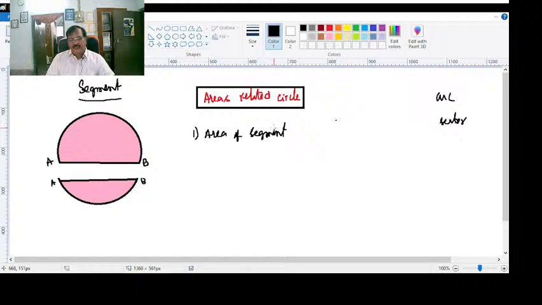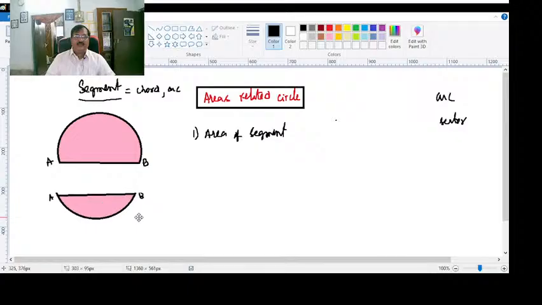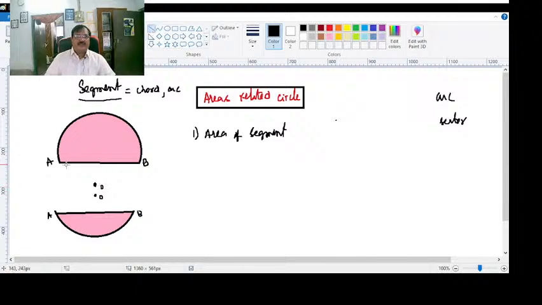Here in this segment, definitely every segment contains a chord and an arc. Definitely the chord will make an angle at the center. I'll take this part a little down so that I can put the center. Now for this arc the center is here, and for the other arc the center is here. Now I'll draw the radius.